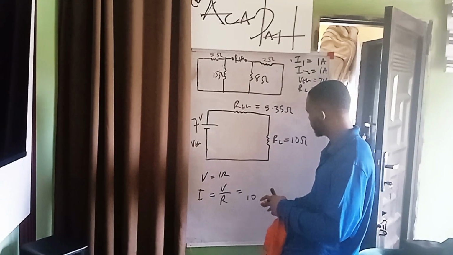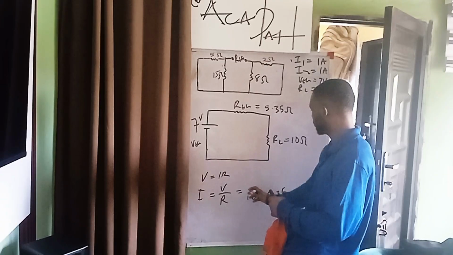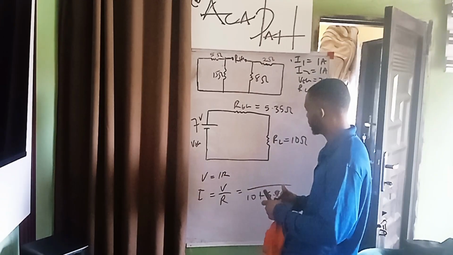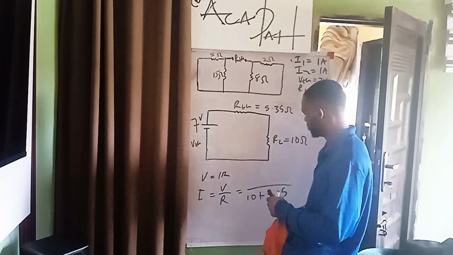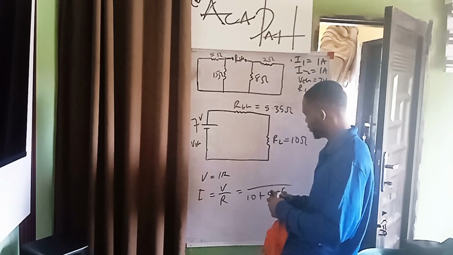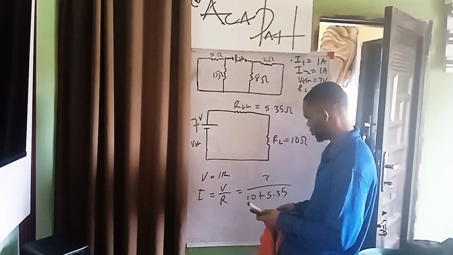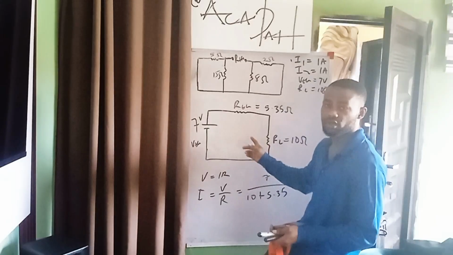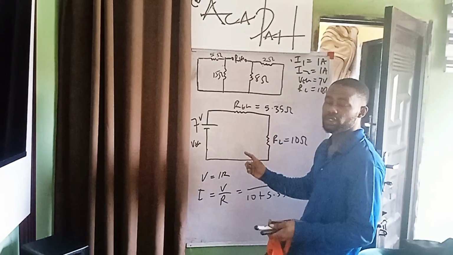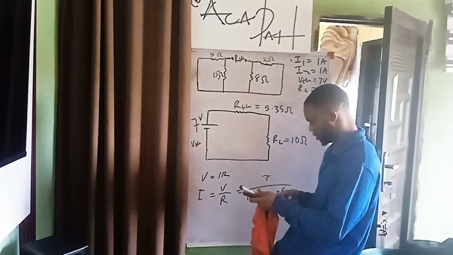I do 10 plus 5.35, all over 7. If they are in series, their voltages are not the same. So note that. The current for anything in series is the same, but the voltage is not the same. So this will be 7 over the total resistance.